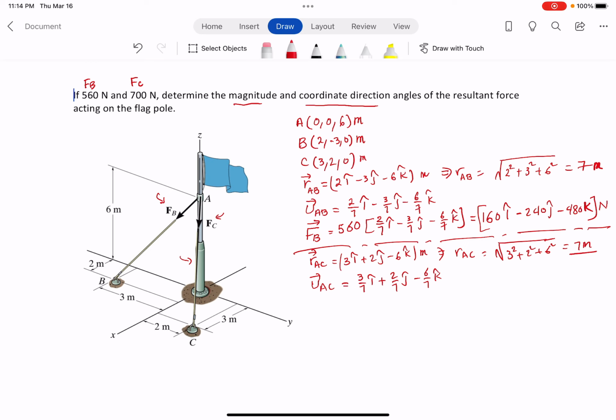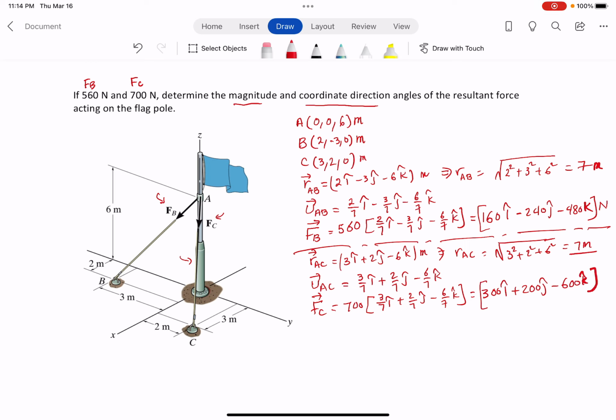And of course now we should find the force for C. It was 700 times (3 over 7 i plus 2 over 7 j minus 6 over 7 k). 700 times 3, 2, and minus 6 will give you 300i, 200j, minus 600k.